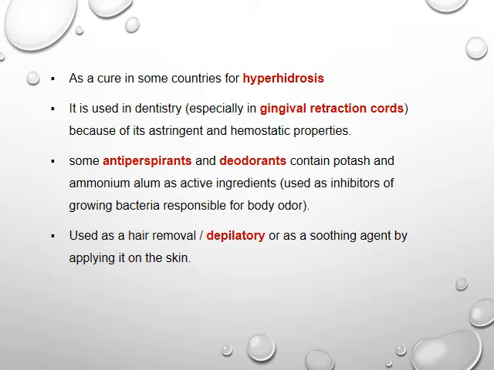Alum is also used in industry, especially in gingival retraction cord, because of its astringent and hemostatic properties. Some antiperspirants and deodorants, اللي هي العطور المضادة للتعرق, contain potash and ammonium alum as active ingredients, يعني مواد كلش فعالة.